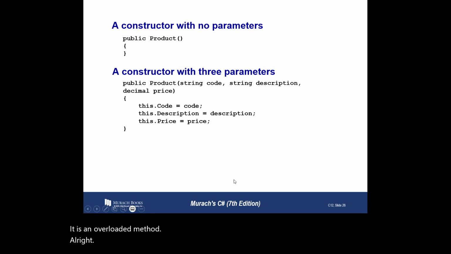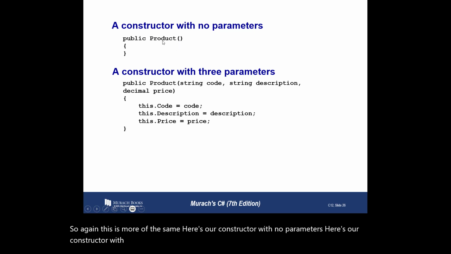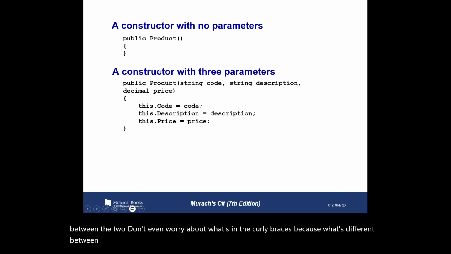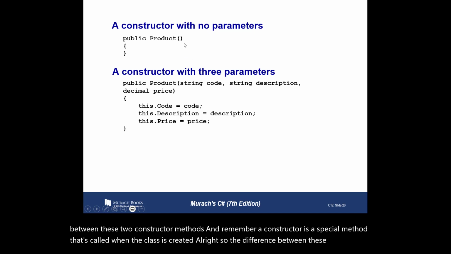So again, this is more of the same. Here's our constructor with no parameters. Here's our constructor with 3 parameters. So this is an overloaded constructor. What's different between the two? Don't even worry about what's in the curly braces, because what's different between these two constructor methods, and remember, a constructor is a special method that's called when the class is created, is that method signature.